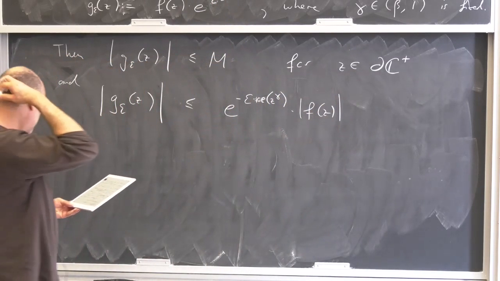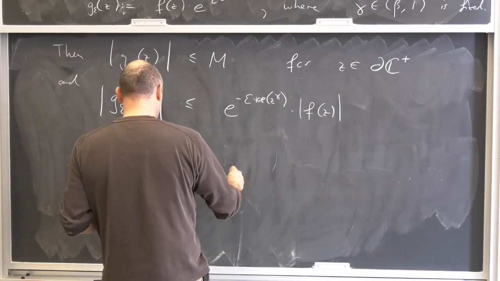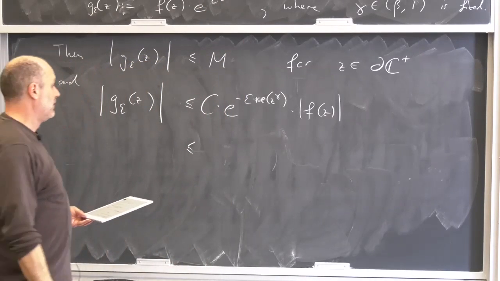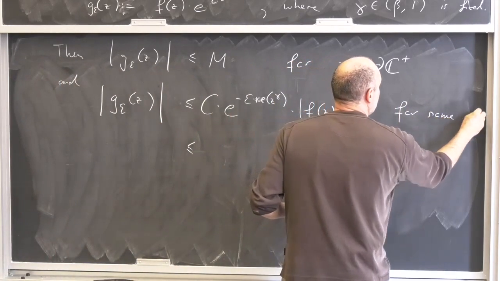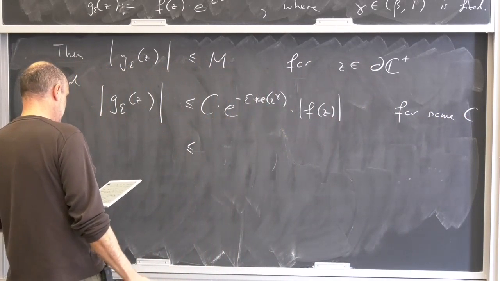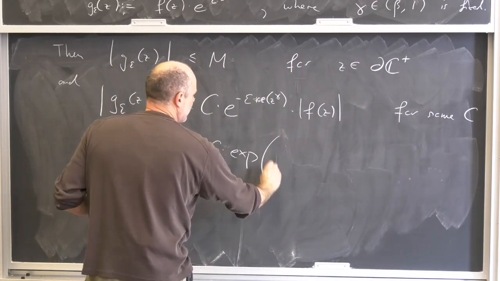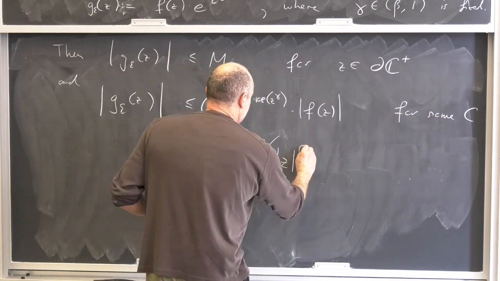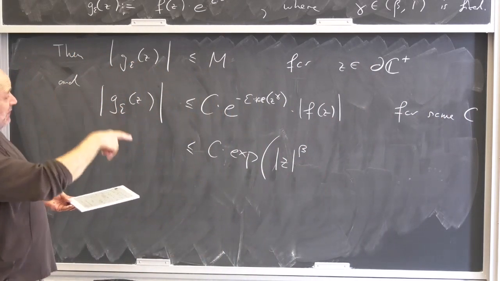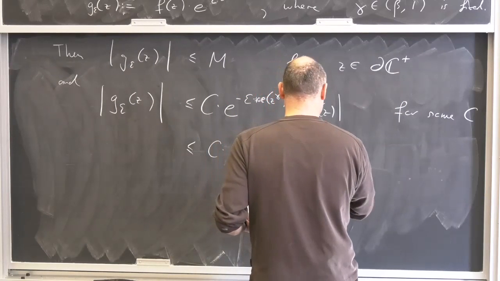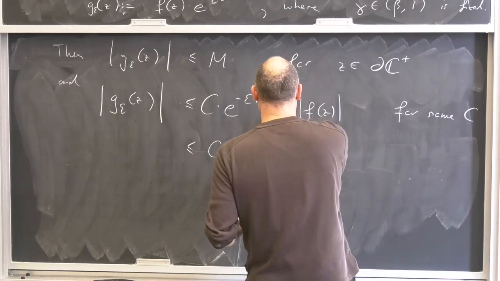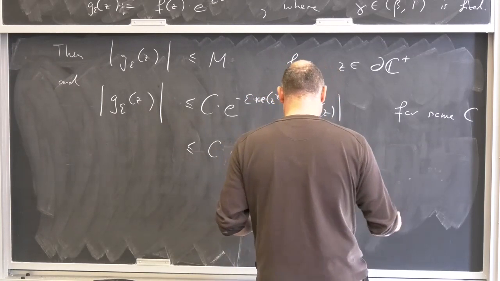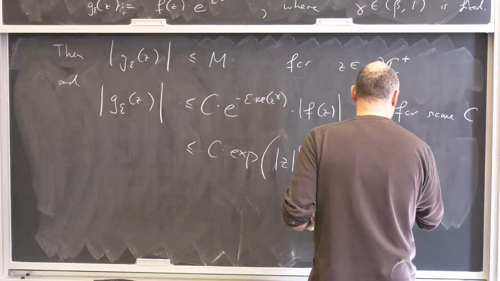There's a constant here because we have big O. So that's really C times, writing it as an exponential, e to the beta, which comes from the assumption on f, minus epsilon times the real part of z to the gamma, which is the modulus of z to the gamma times the cosine of gamma times the argument of z.